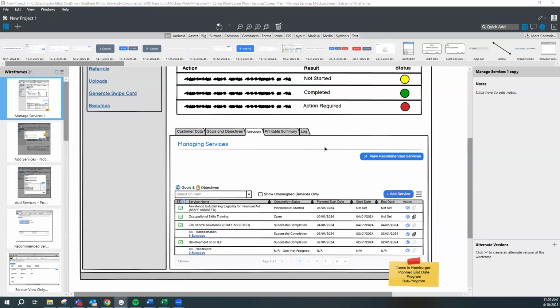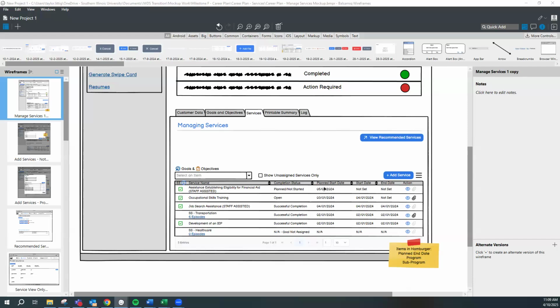I don't know whether it's that I'm wondering why the planned start dates are necessary, or whether it's seeing the planned start date up front and center before the start and end date, like if it's simply switching the table around, because that is confusing to me. And if it's confusing to me, I can guarantee it's going to be confusing to frontline staff. So I don't know whether it's a training issue, but I'm struggling with the notion of why.